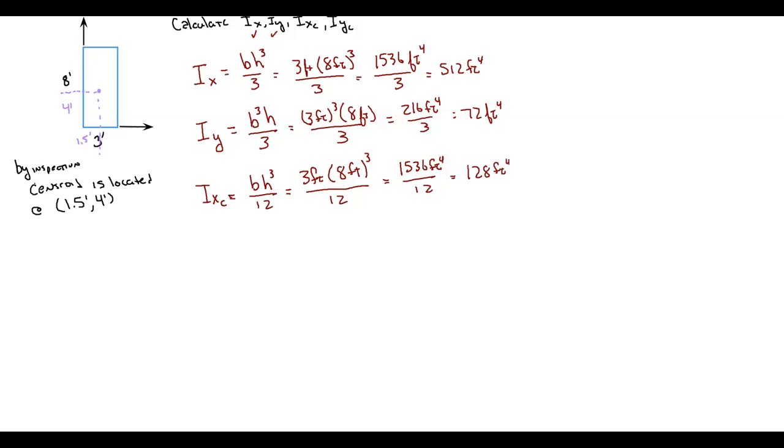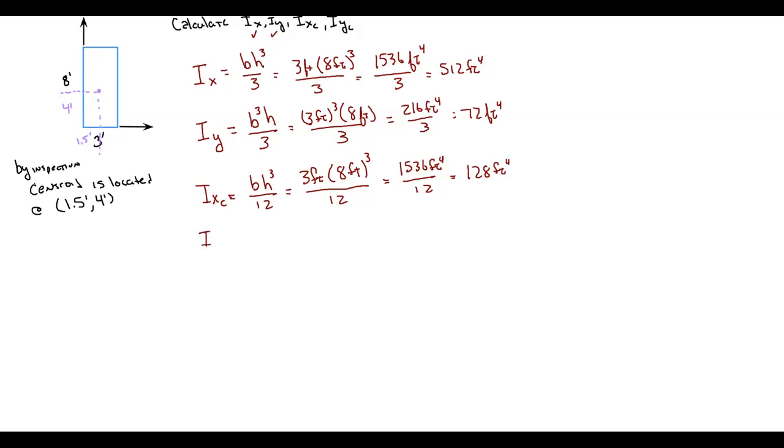Notice how the number has gone down. We said that the lower the moment of inertia was, the more closely grouped the area is about the axis. The area is more closely grouped about the centroidal axis than it is the x and the y axis. So of course we would expect that number to go down.